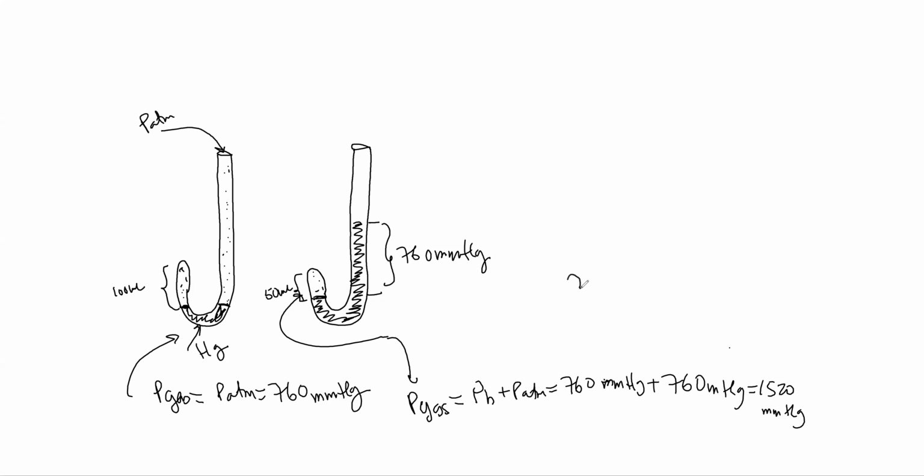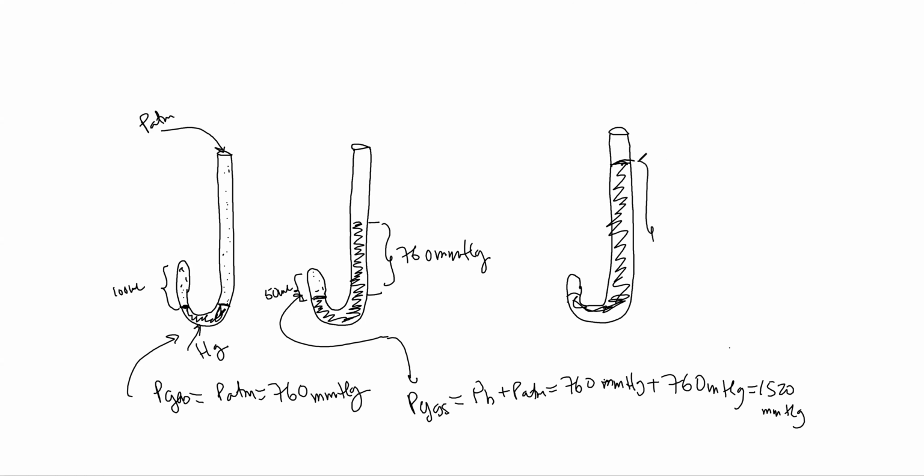Now, the next thing he did is that he used, again, the same J tube. And again, sorry for my drawing, not the greatest one, but I will do my best again. So there it is. So what he noticed after he added another 760 millimeters of mercury, let's say this is here. Now the height of mercury here, let me just draw all of this mercury here. And it should be this shape here, the meniscus.